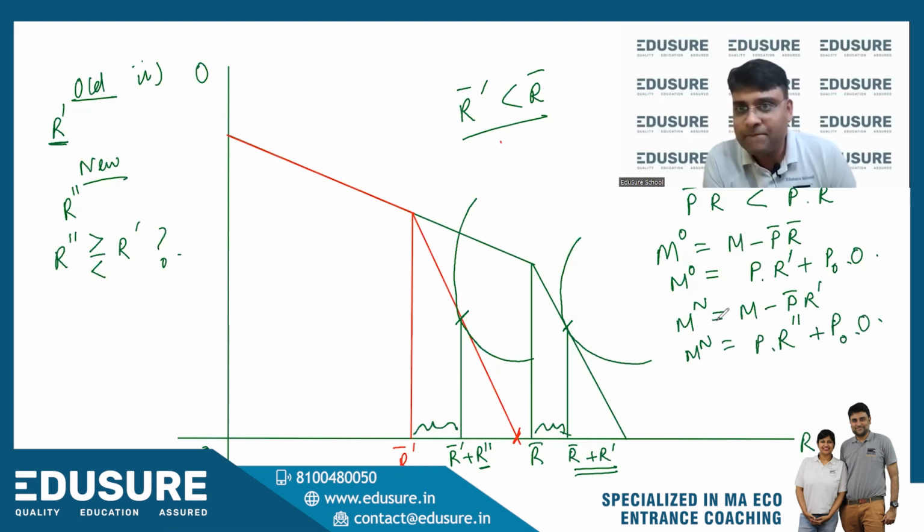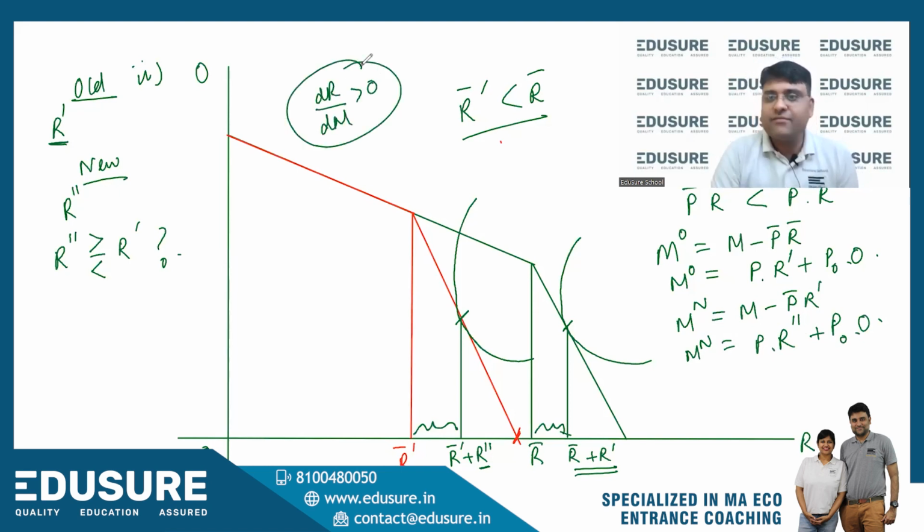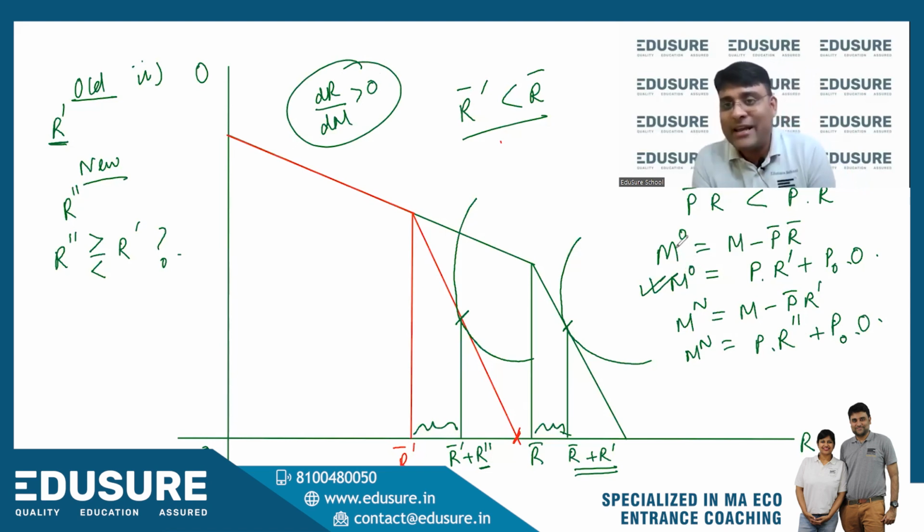Now it is given to us that it is a normal good. Normal good basically means dR/dM is positive. This is the definition of a normal good. Now this is not my money income, but the money that I have left after I buy the ration amount in the old case.